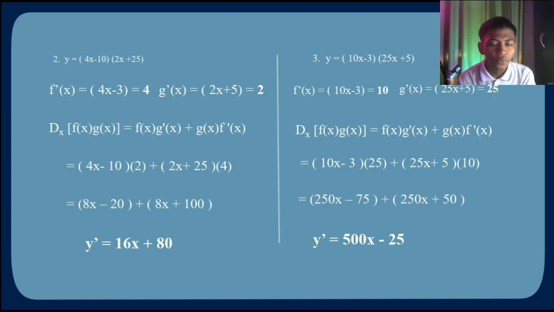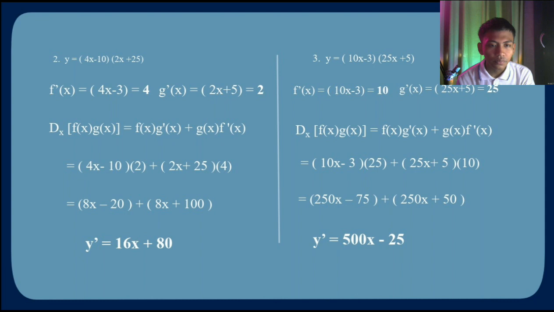Again, we have to use the same process or the same formula. f of x times the derivative of g of x plus g of x times the derivative of f of x. And then copy the value of f of x, which is 4x minus 10, and then the value of the derivative of g of x is 2, plus g of x. The value of g of x is 2x plus 25.